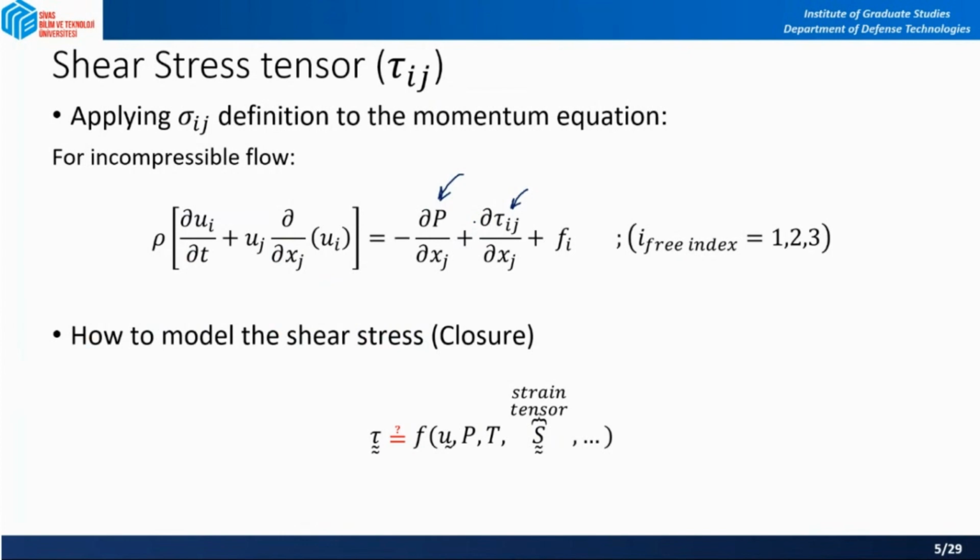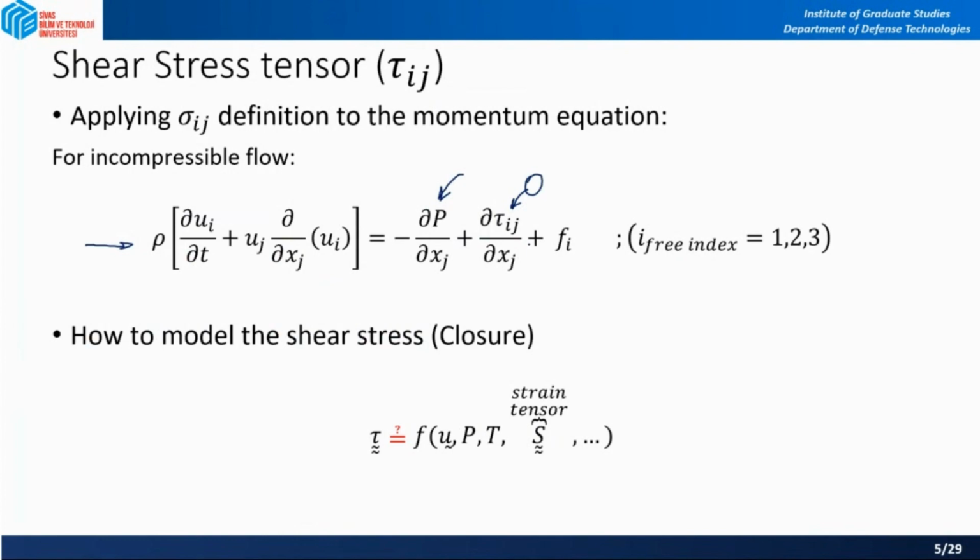So, about the stress tensor, we want to solve these kinds of equations, like the equations that you see in here. We want to solve these equations, but we still don't know, for example, how to calculate tau ij. We don't know what it is.